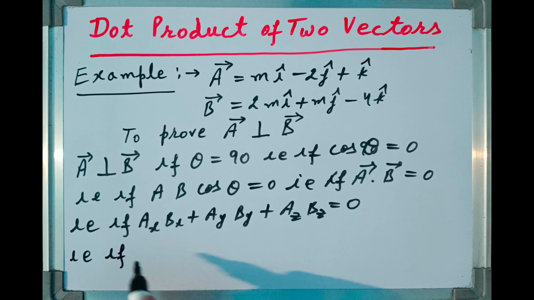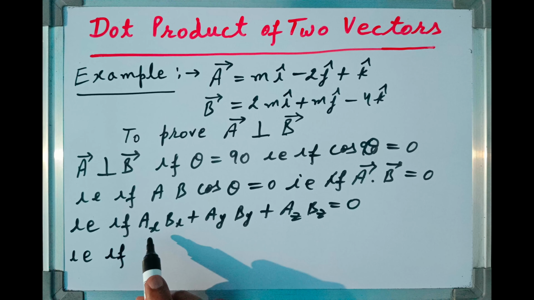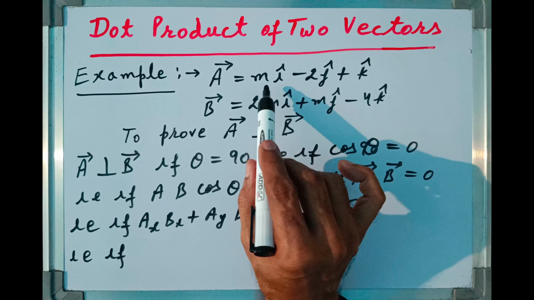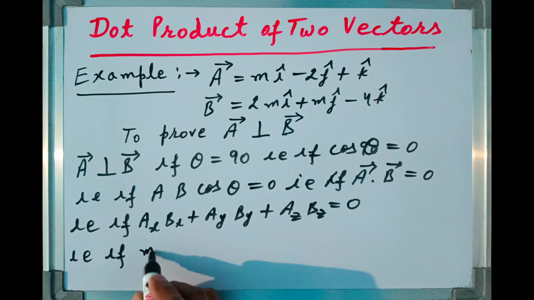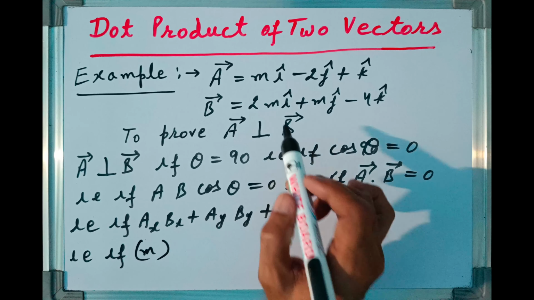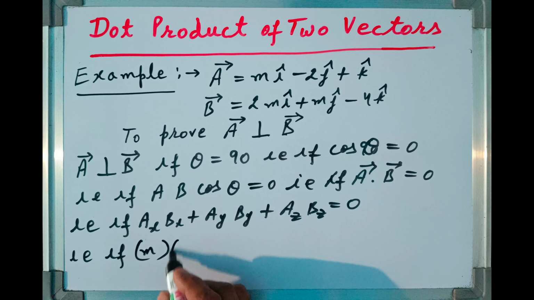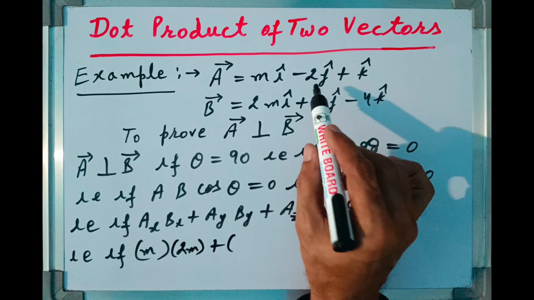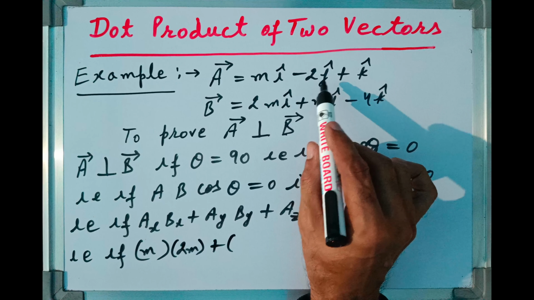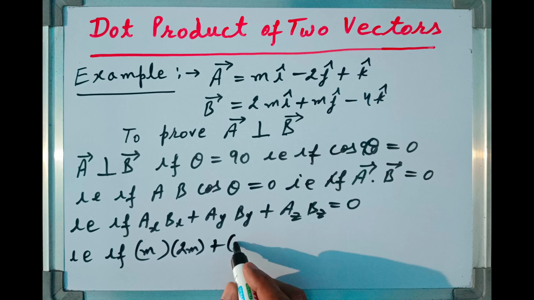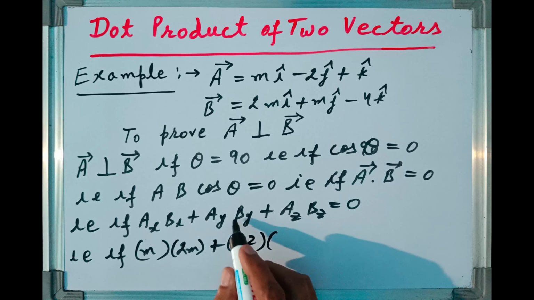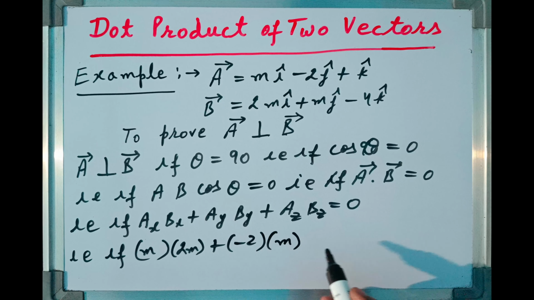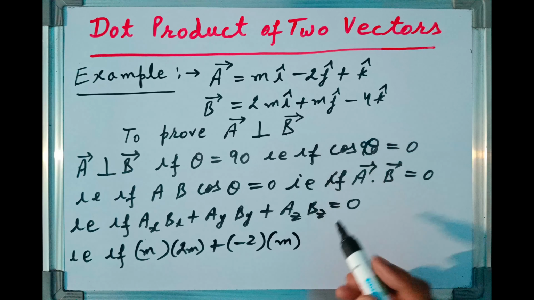Now we shall put the values of the components. What is ax? Ax is nothing but the coefficient of i cap in the value of A vector, that is m. What is bx? It is 2m, plus ay. Ay is the coefficient of j cap in the value of A vector, that is minus 2. What is by? By is m, the coefficient of j cap in the value of B vector.